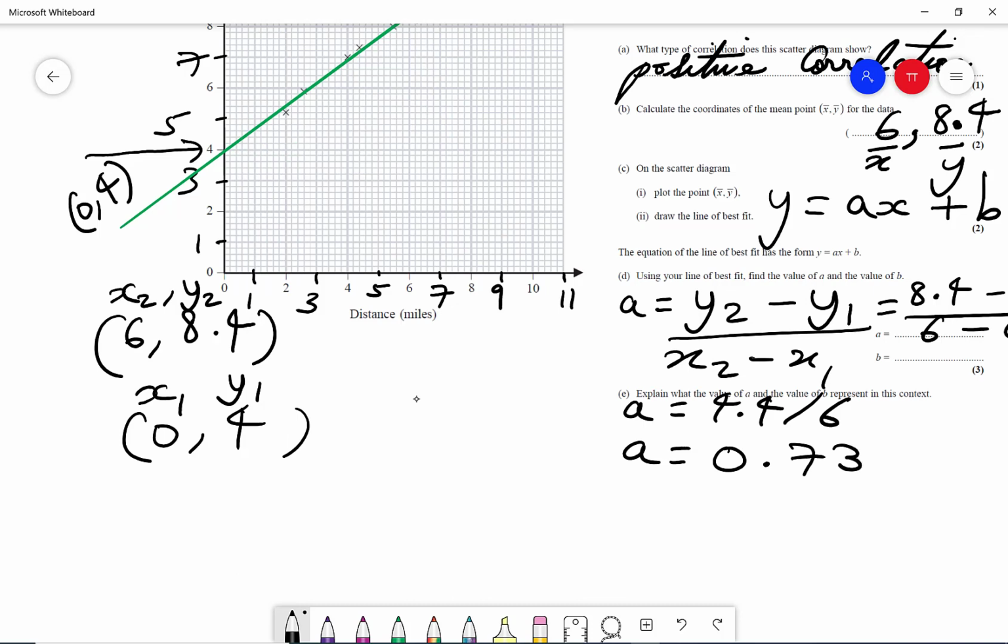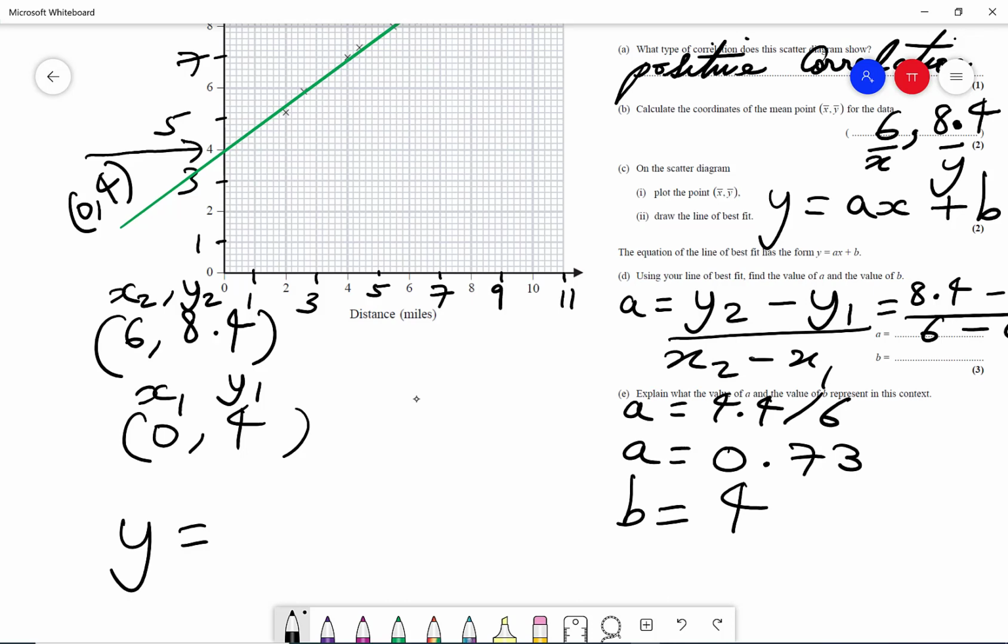Now, if I look at the mark scheme, the examiner accepts anything in the range of 0.67 to 0.87. Now, our answer of 0.73 lies in that range, so we're fine. Now, b is the y-intercept. Now, we know that the y-intercept is at 4, so it cuts the y-axis. So we're now in a position to write down the equation of the line of best fit.